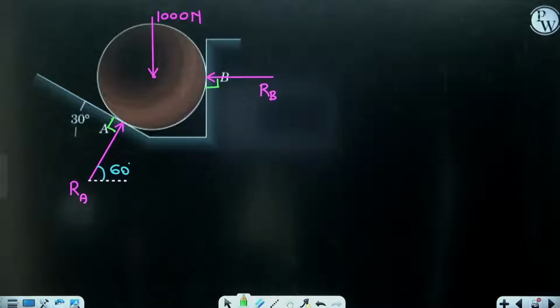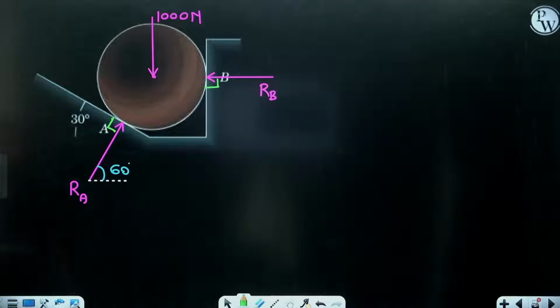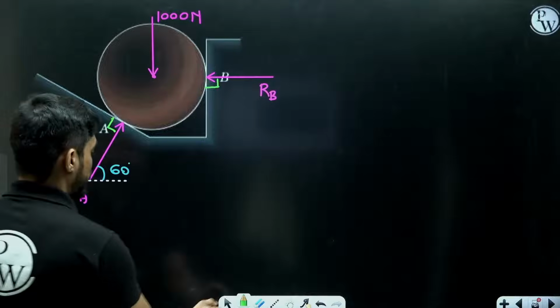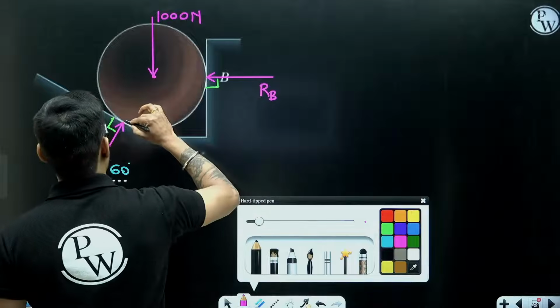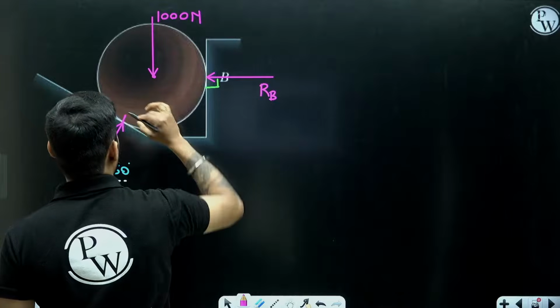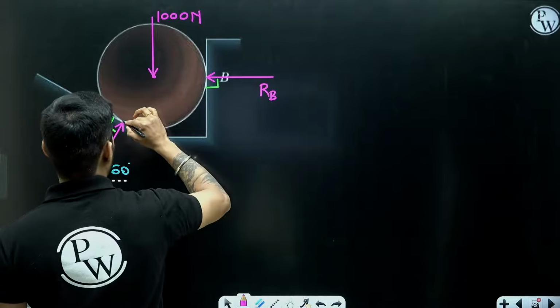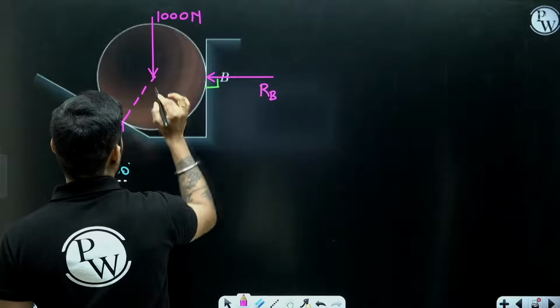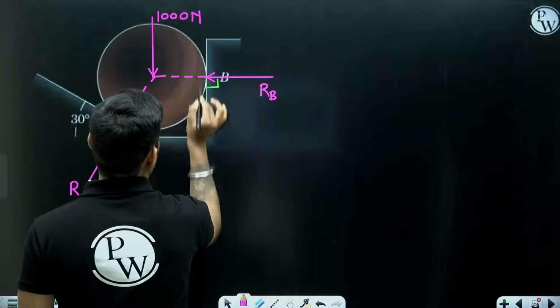Now, how many forces do we have? We have 3 forces. So these 3 must be either parallel or concurrent. They don't seem parallel. It means they must be concurrent.